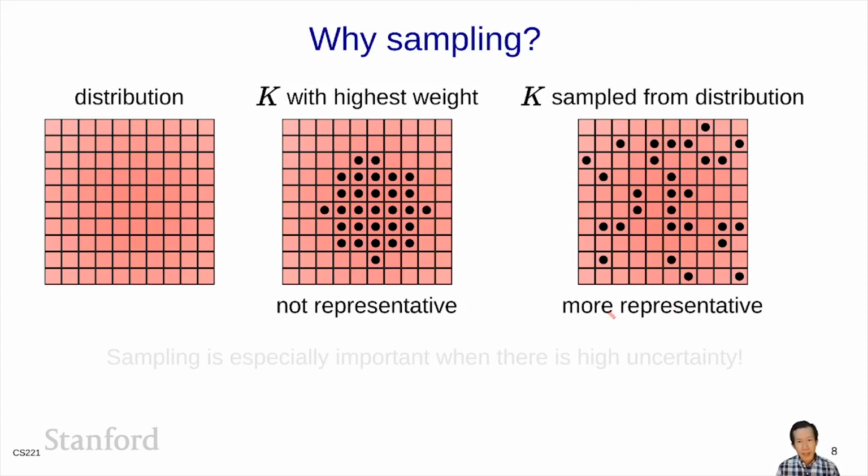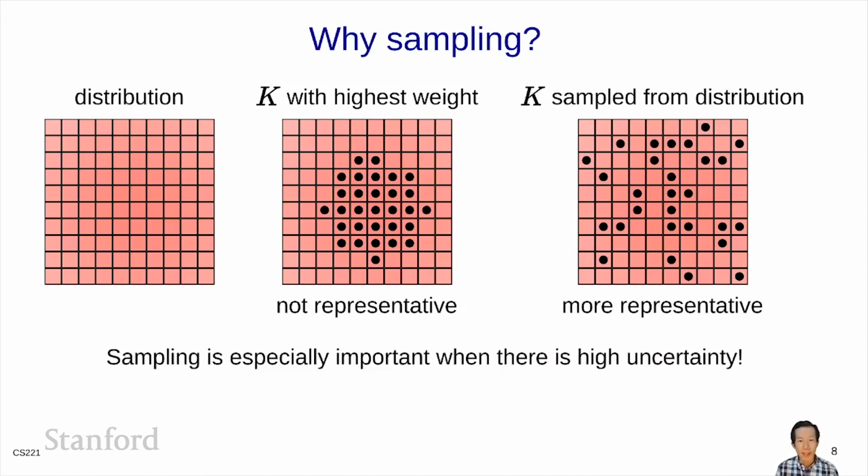In cases where most of the weight is on a few locations, sampling versus taking the top K is not really a big deal. But when there's high uncertainty, as in this example, sampling is really important because it allows you to maintain the uncertainty.